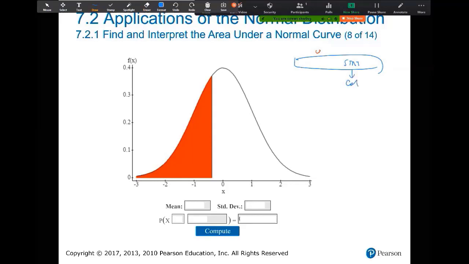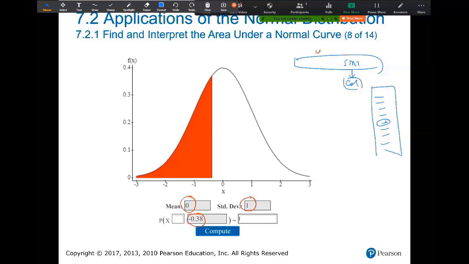Then when you click calculator, you will have the list of the most important distributions, and here could be the normal distribution. When you click normal, then this appears. For the standard normal distribution, the mean is 0 and the standard deviation is 1. Remember that, 0 and 1. One value located at negative 0.38, so we need to input negative 0.38 in this box.